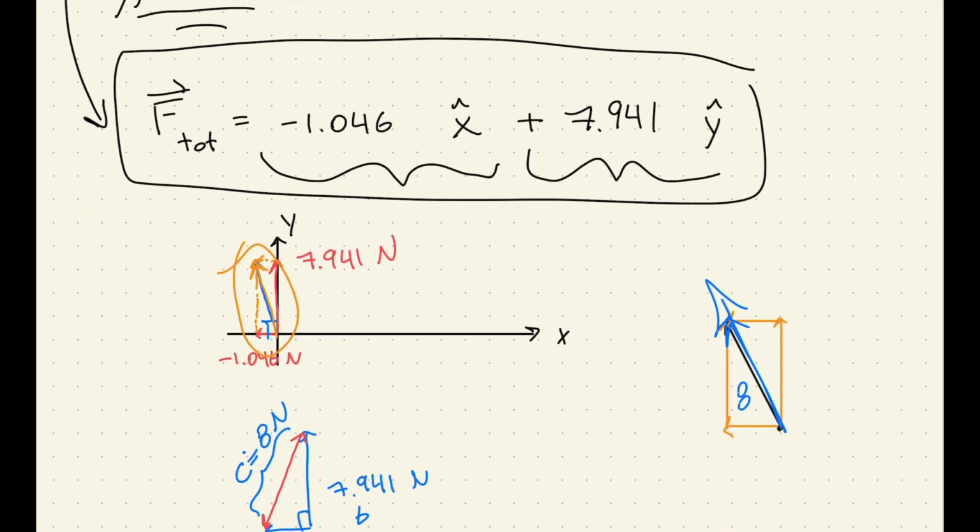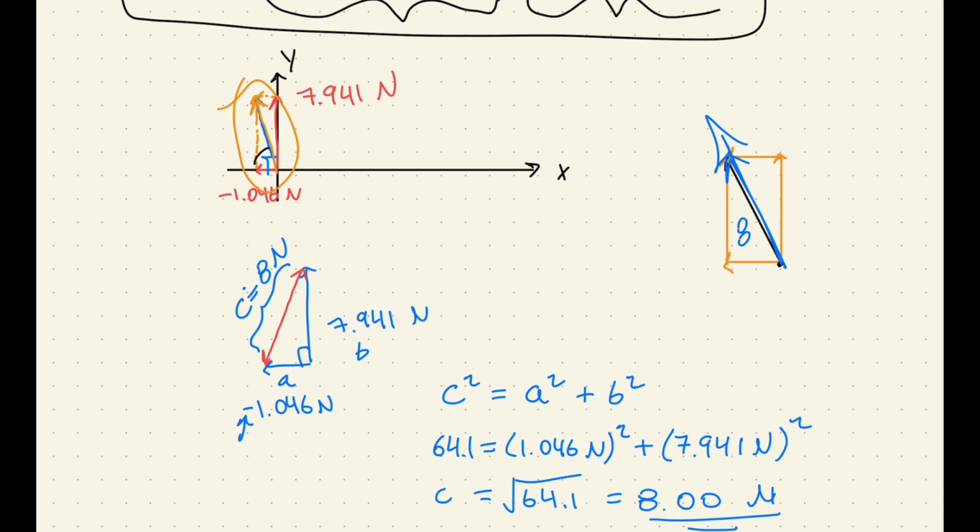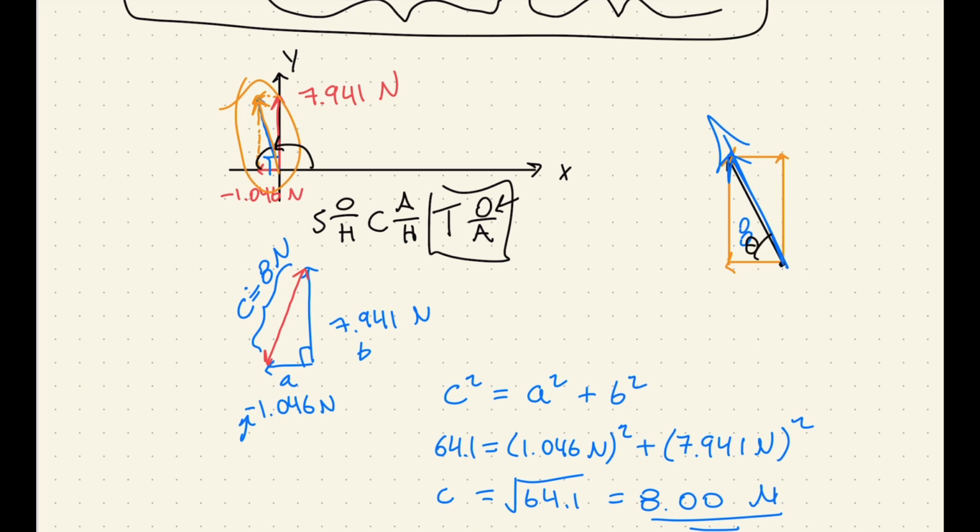Now, one cool thing you can do with this is, let's say you want to find the angle here. This is actually when you use TOA. Remember when I did SOHCAHTOA and I told you we wouldn't use tangent? Well, in this case, let's say you want to find this angle here.